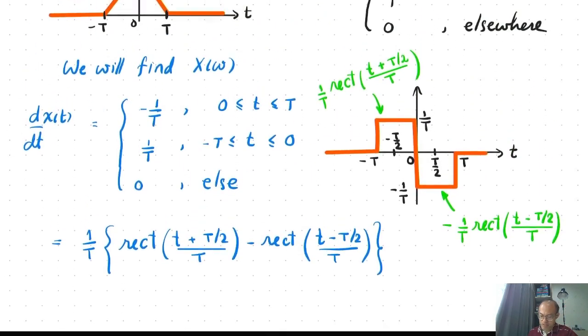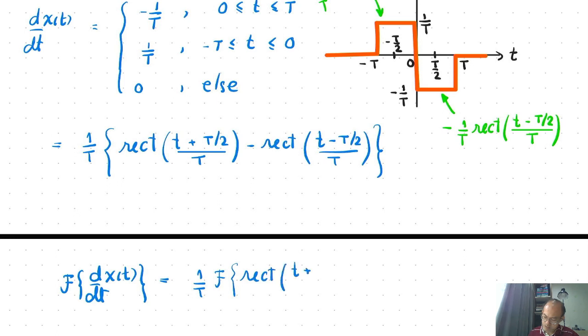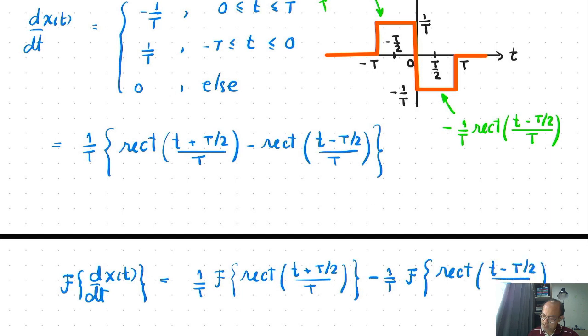Now, we can take the Fourier transform of both sides. The left-hand side will be the Fourier transform of dx by dt, while the right-hand side would be 1 over big T times the Fourier transform of rectangular of small t plus big T over 2 divided by big T, minus 1 over big T times the Fourier transform of rectangular of t minus big T over 2 divided by big T here.